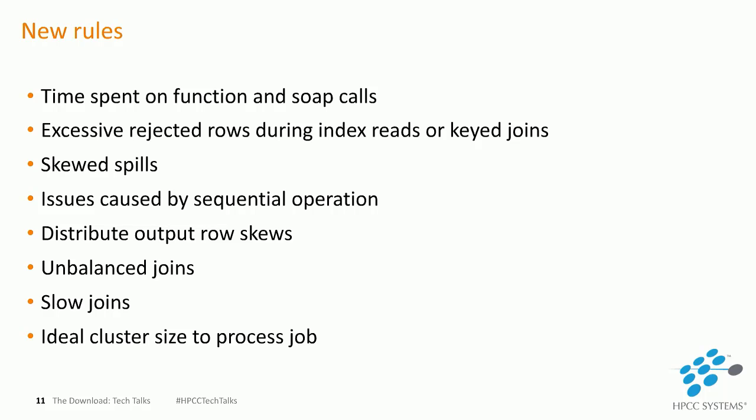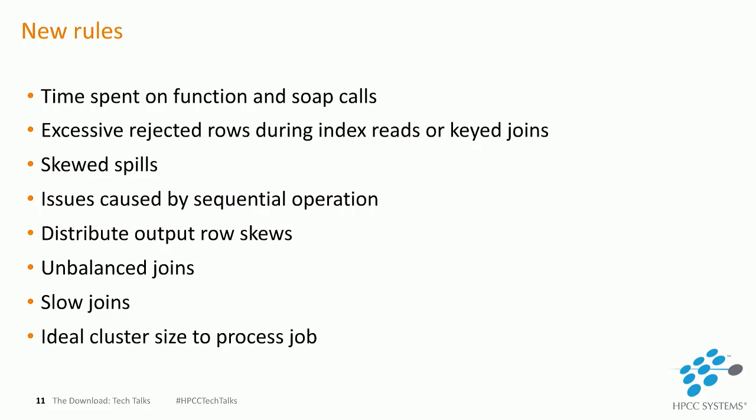New rules. So the power of the Workunit Analyzer comes from the implementation of the rules. We're looking to extend the analyzer with as many new rules as we can. So these are some of them. Time spent on function calls and SOAP calls.